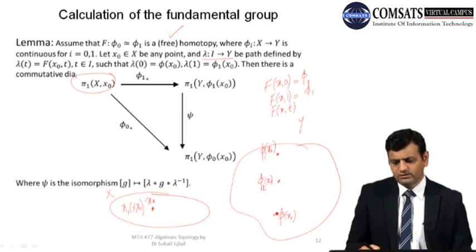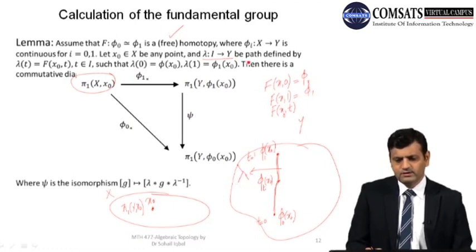If we join all those images in between, starting from t equal to 0 to t equal to 1, so if I join these images of f of (x, t), basically I'm just considering these values by taking x to be x naught and varying t from 0 to 1, then I will get a path inside this Y, and we are saying this path is lambda.